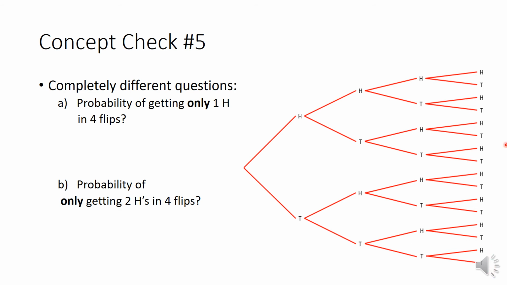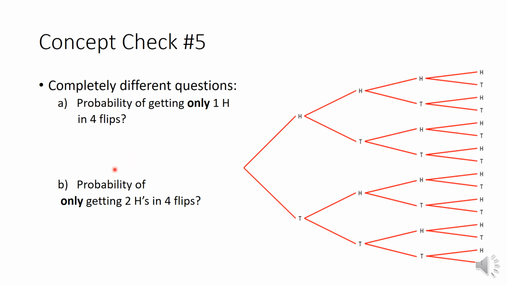So out of these 16 possible sequences, only 4 of them have heads happening once. So what's 4 out of 16? Well, that simplifies to 1 out of 4. So you have a 25% chance of flipping heads only once during 4 flips.